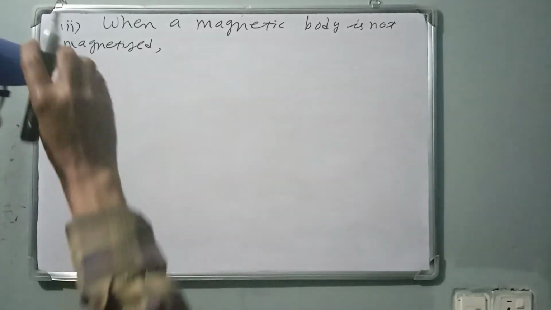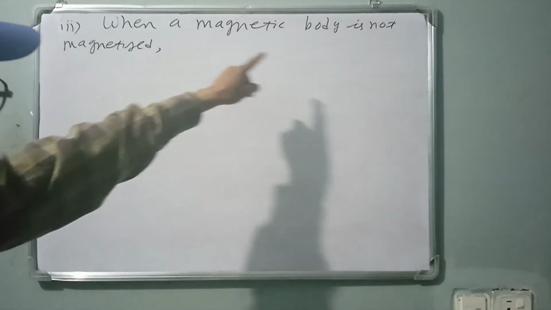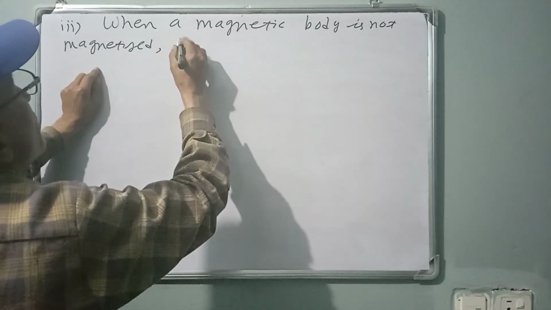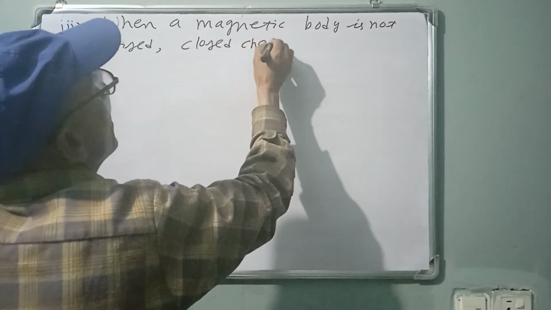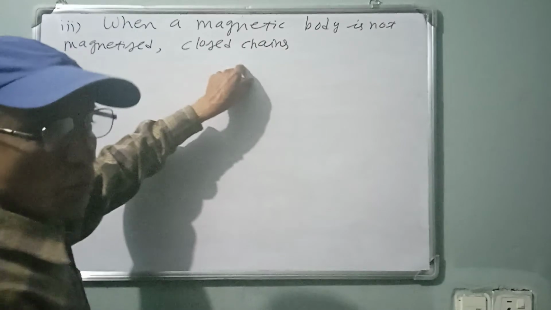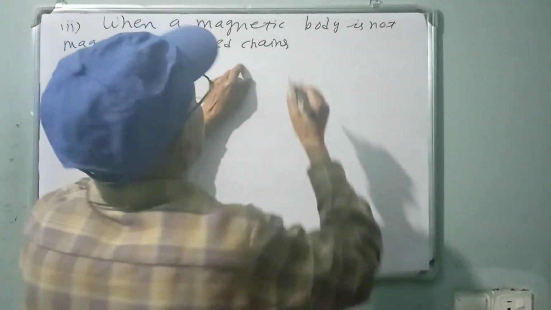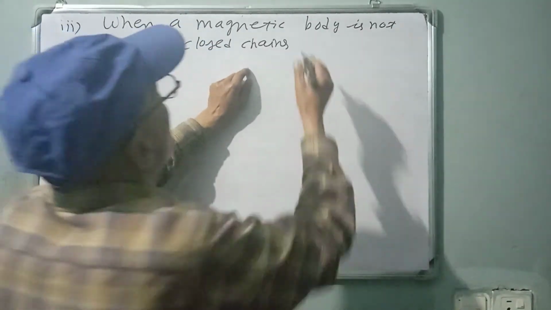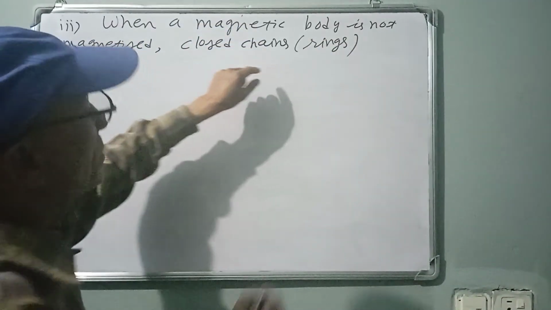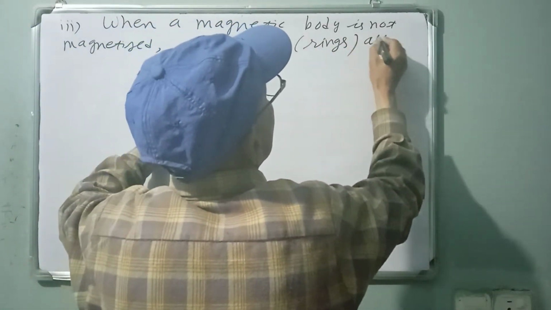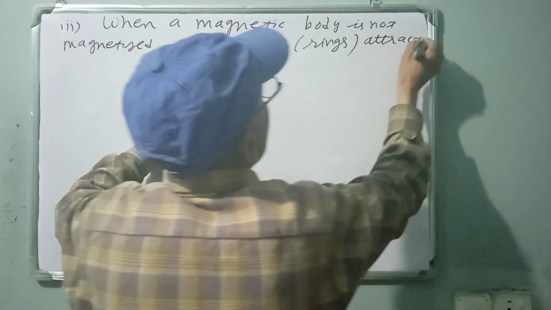Closed chains. When a magnetic body is not magnetized, there are closed chains or ring lines, closed chains or rings attract each other.